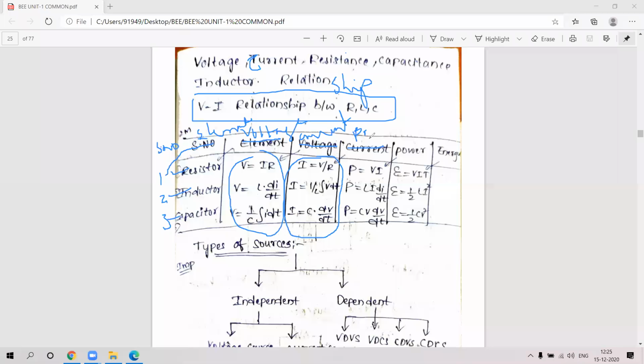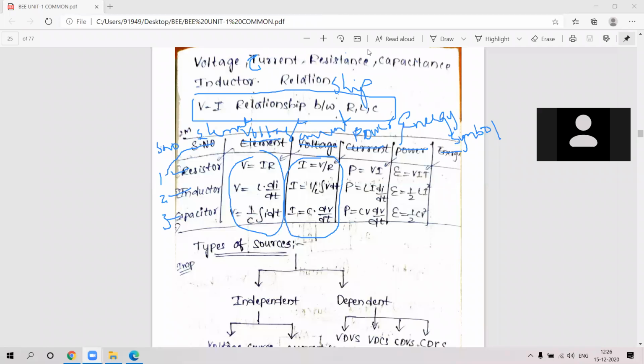P stands for power, and this is energy. If you want to add the symbol, you can add symbol in the last column. Make it fast.